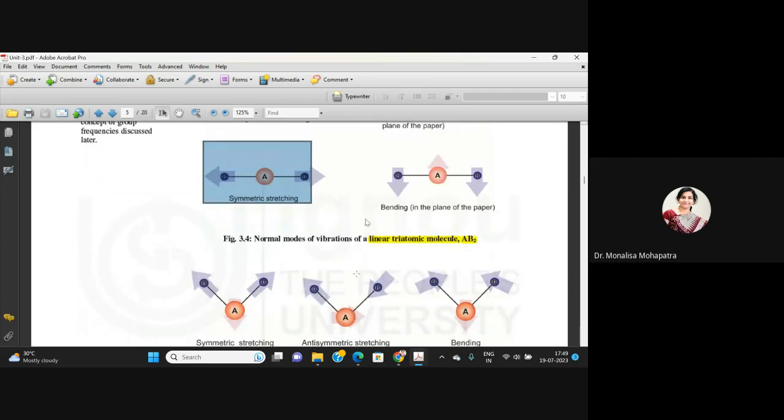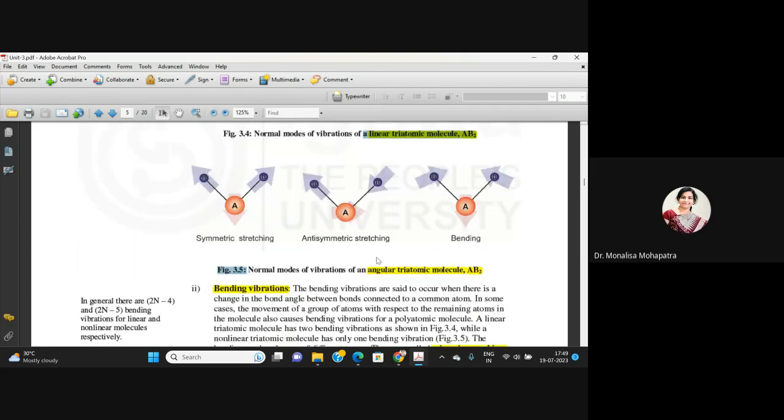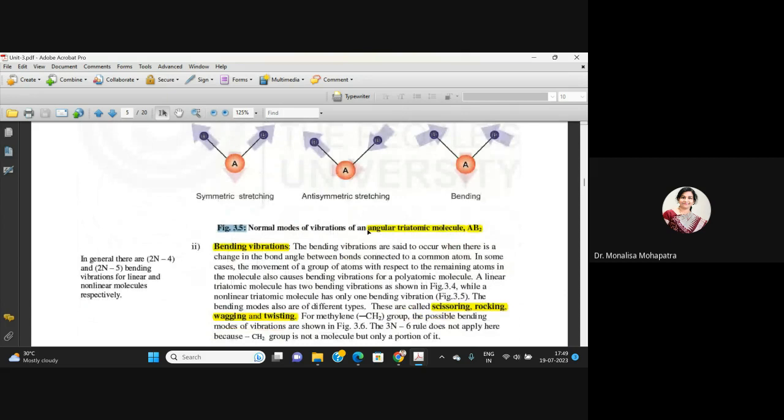This is the example for a linear triatomic molecule, and for angular molecules you also see symmetric stretching, anti-symmetric stretching, and bending.